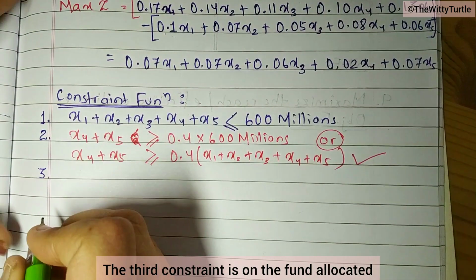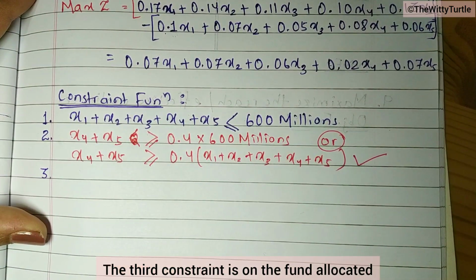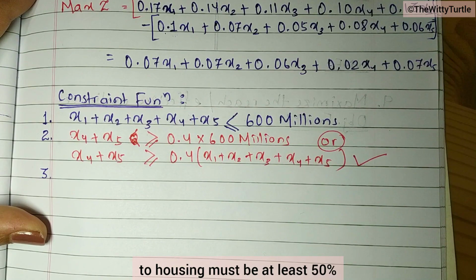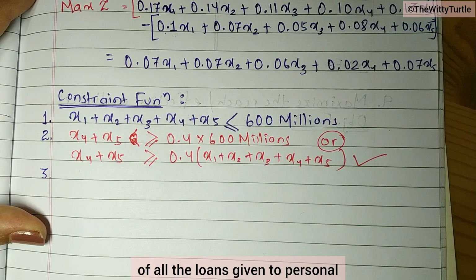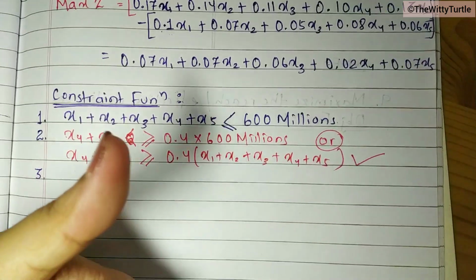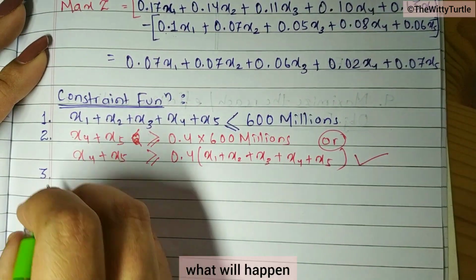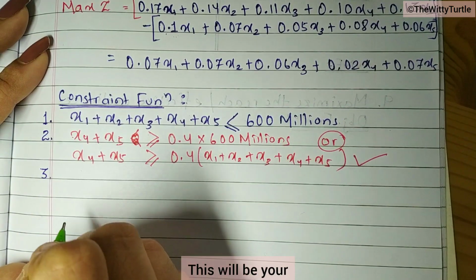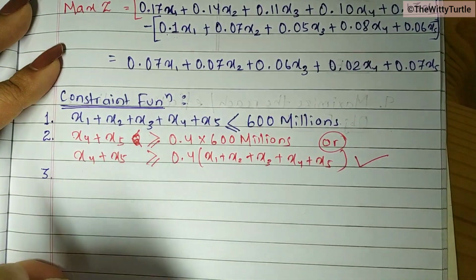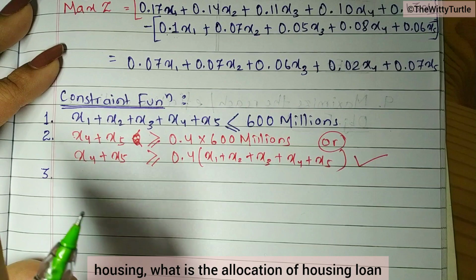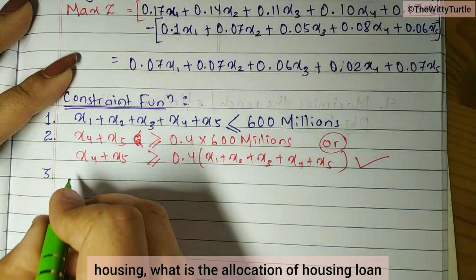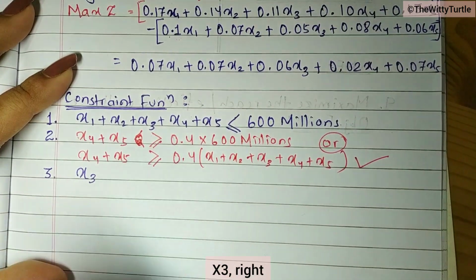The third constraint is that the fund allocated to housing must be at least 50% of all the loans given to personal, car and housing. So what will this become? Housing, what is the allocation of housing loan? X3, right?